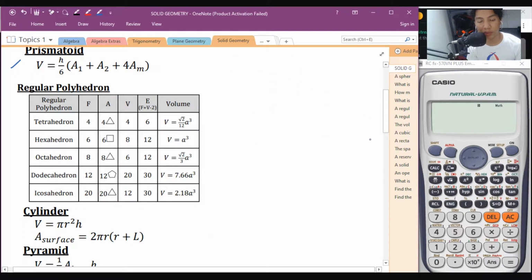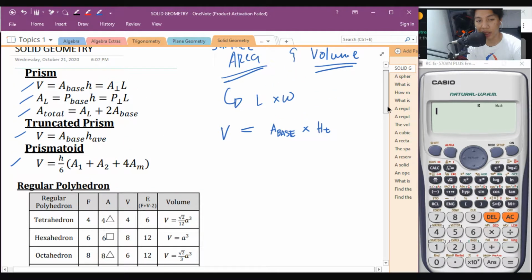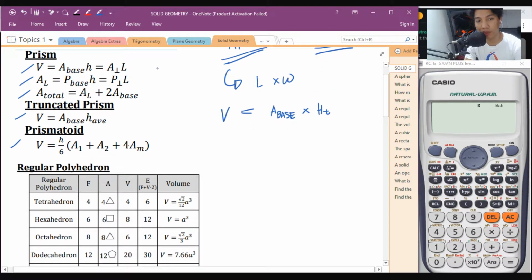Yan. So, yung mga formula na yan, meron niyang pwede mong specify per solid figure. Na meron namang mga special cases dyan, yung mga truncated, meron mga frustum, meron prismatoid, okay? Yan yung mga formula nila. So, along the way, gagamitin natin yan isa-isa. And para mas maintindihan natin sila.